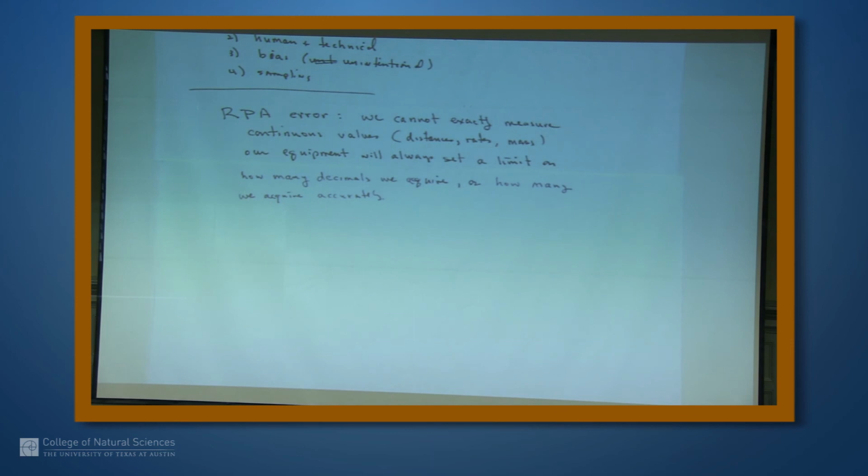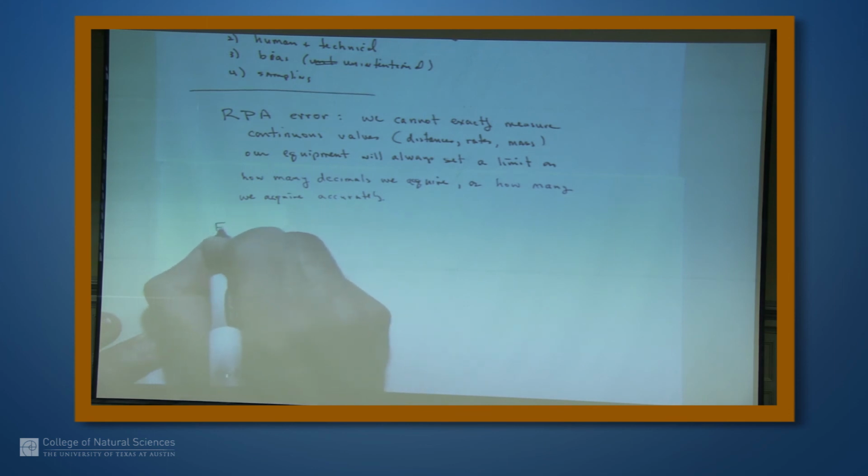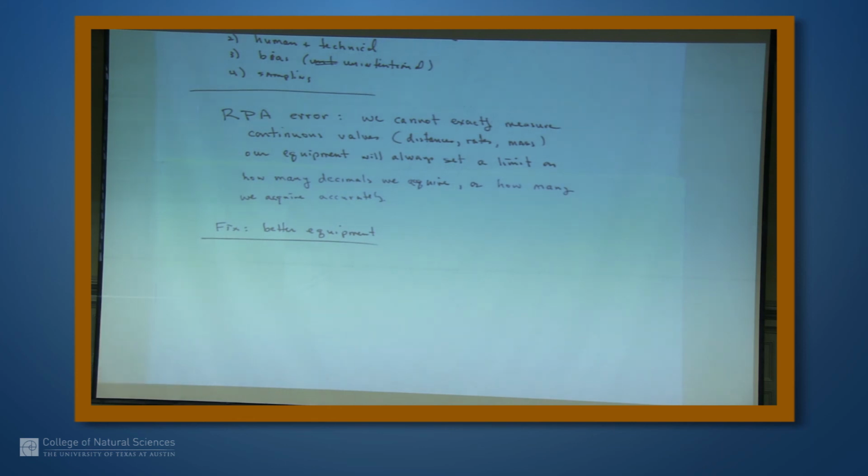There's nothing we can really do about this type of error except get better equipment. Okay, end of that one, easy. Actually not going to be very useful to us.